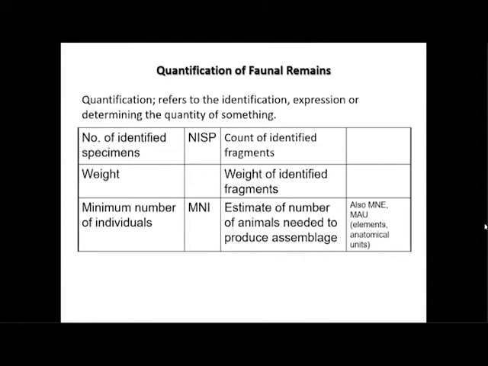So you take the weight of your bones and then you compare to the volume of sediment that you excavated, and in this way you can calculate the density, mass over volume, so the faunal density of a given site. After using the NISP, we usually get the minimum number of individuals, which just refers to how many individuals are represented by the number of specimens that you have, the number of skeletal elements.